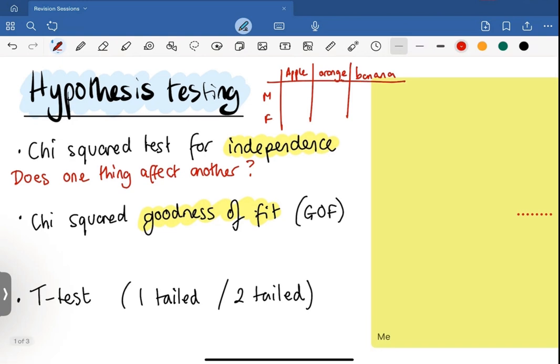Then we have the chi-squared goodness of fit test. So the guiding question is, does the data that I've collected fit a particular distribution?